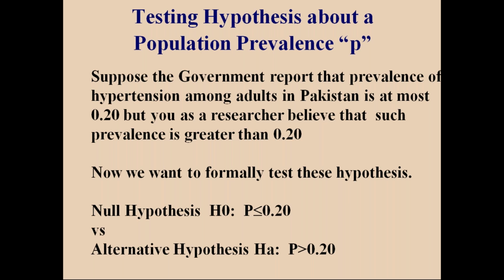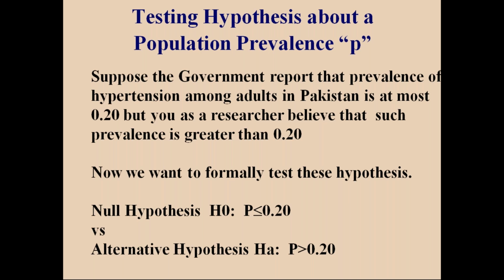See, testing of hypothesis about population prevalence P. The population prevalence depends upon how much disease occurred in that population. In the last 2 years' results, the hypertension prevalence in Pakistan is 0.20, but we as researchers believe that such prevalence is greater than 0.20.